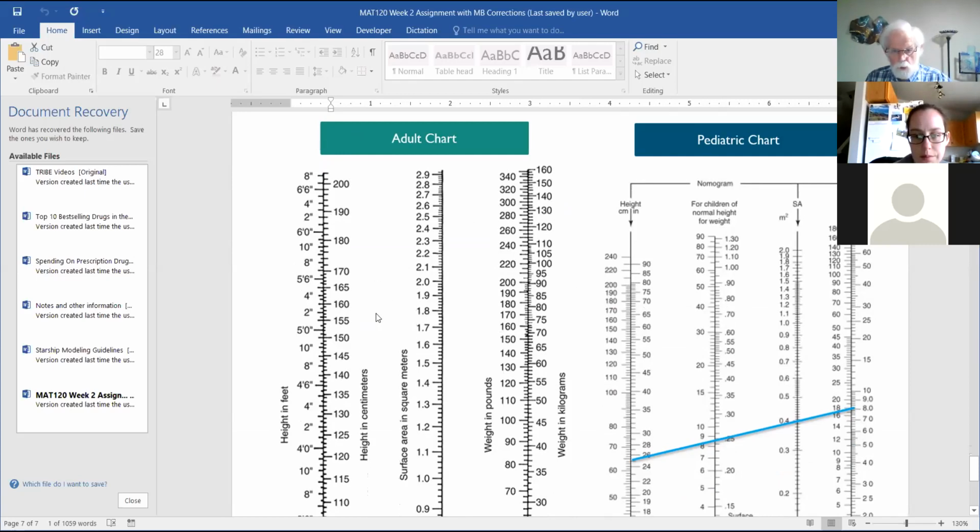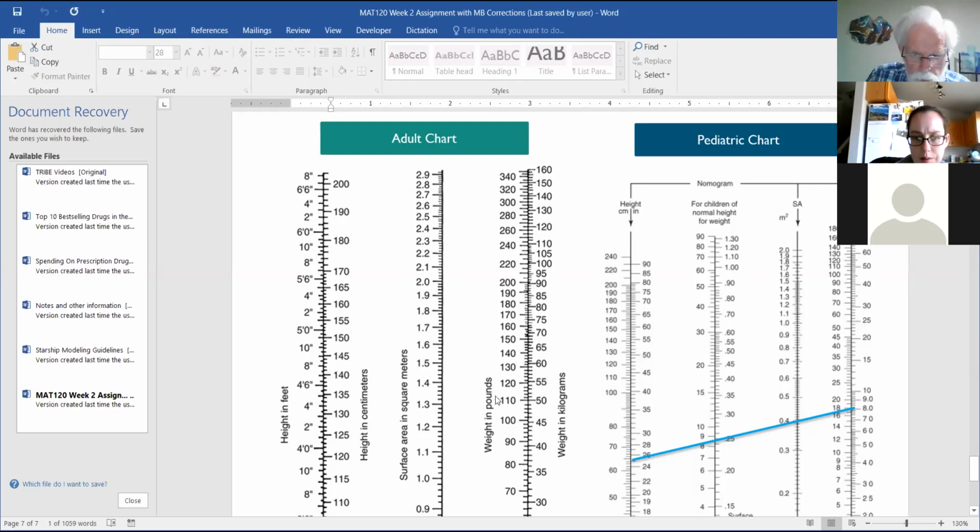What you do is you look at the patient, you calculate the weight in kilos. If we remember, the weight in kilos, if you look here, we've got pounds and kilos on the same plot.